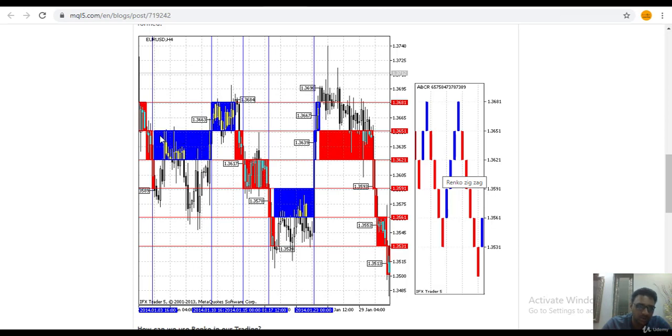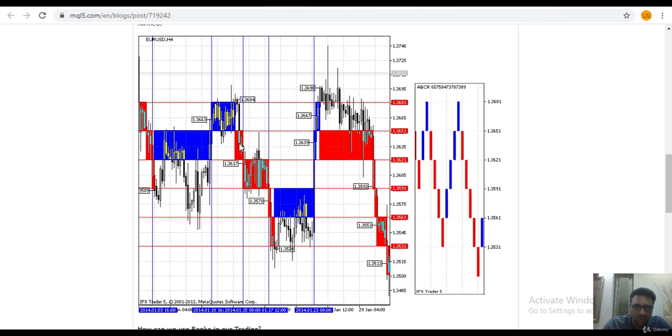So you can see this whole area is one brick. This blue brick is all the candle movement in this area. So when it moved up over here, you can see this is the candles' movement in the area of this blue brick, right?